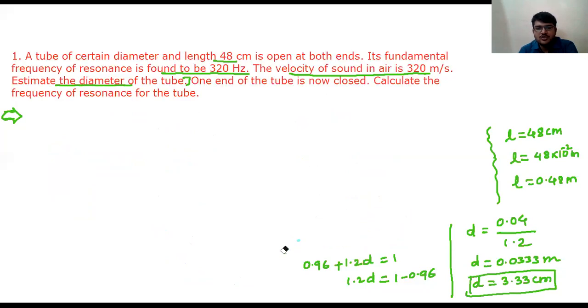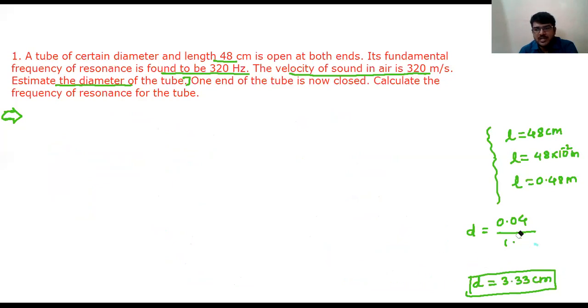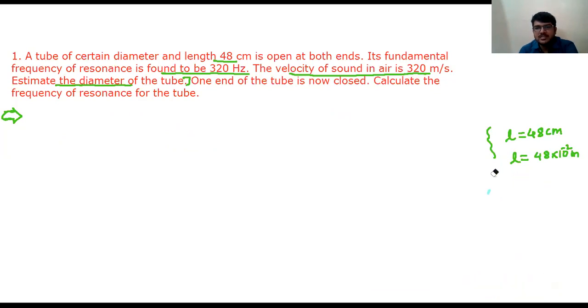One end of the tube is closed. Now one of the ends is closed. And calculate the frequency of resonance for the tube. He is asking like this now.